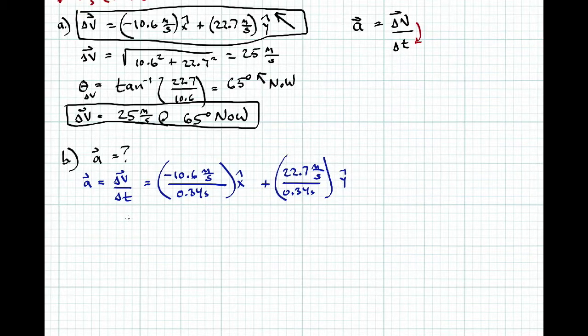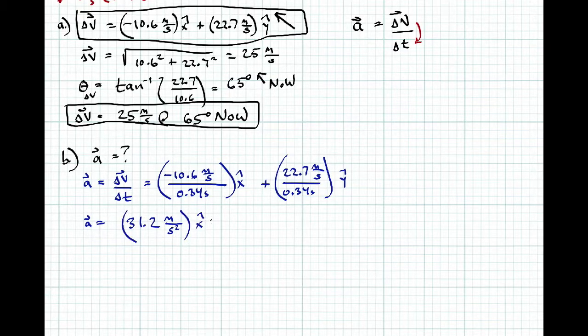So let's simplify that, and then we've got our acceleration in unit vector notation. Since acceleration is change in velocity over change in time, all we have to do is take 10.6 and divide it by 0.34, and we have 31.2 meters per second squared, right? Because acceleration is meters per second squared.